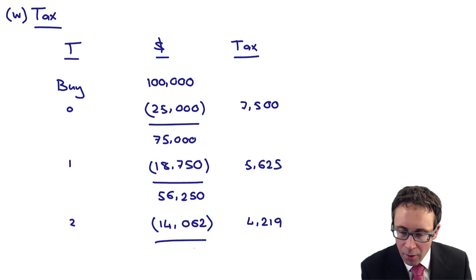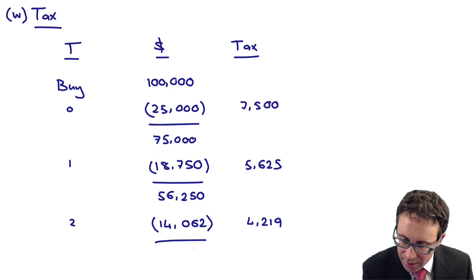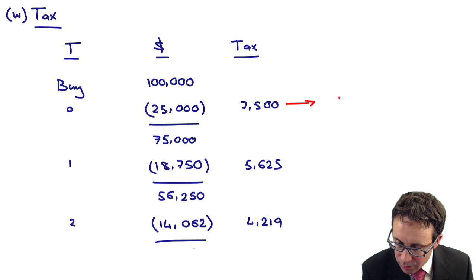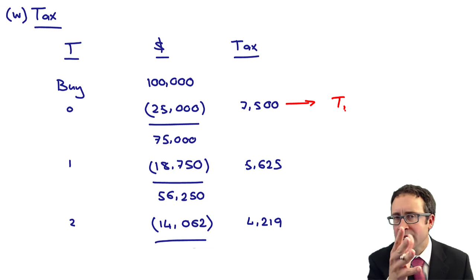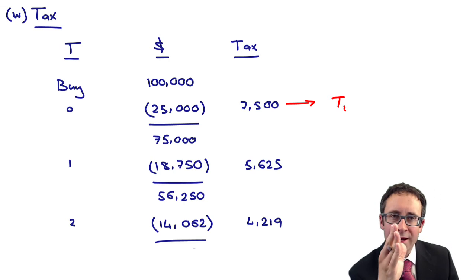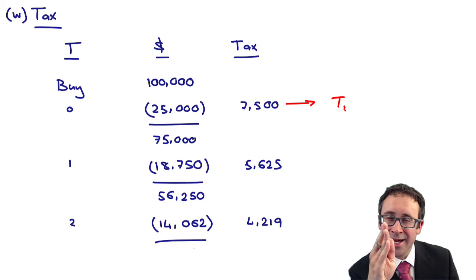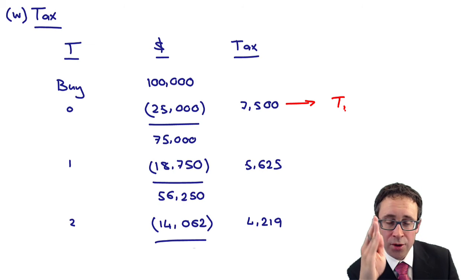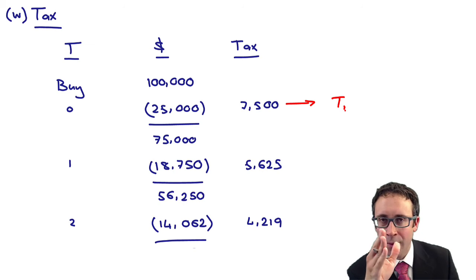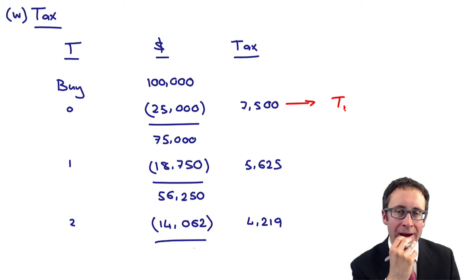but they will not arise until T1. Say that again. We buy the asset today, and today is the last day of the financial year, so we buy it on the 31st of December. We start using it on the 1st of January, assuming we have a December year end.